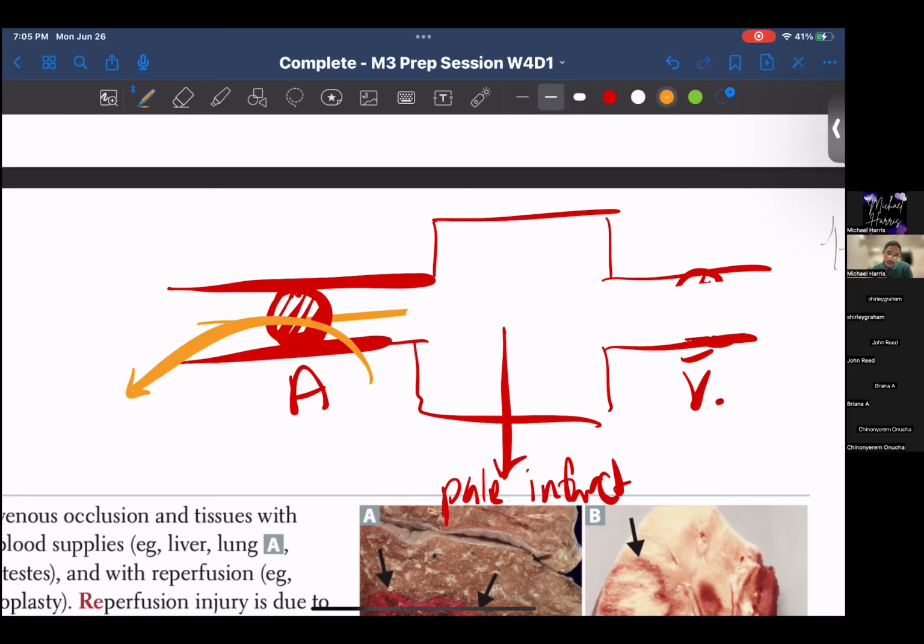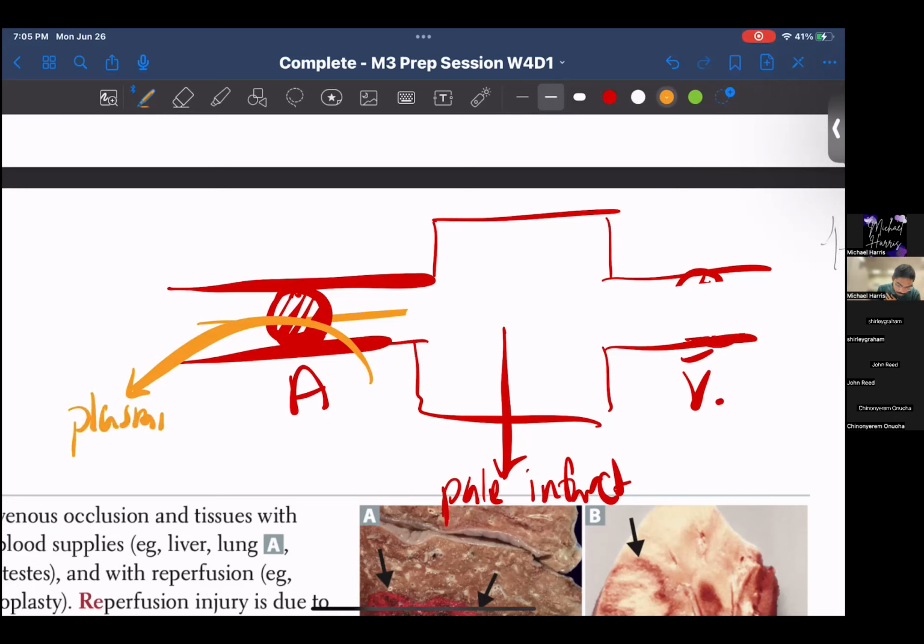How do we break down clots in the body? Plasmin. You remember plasminogen?